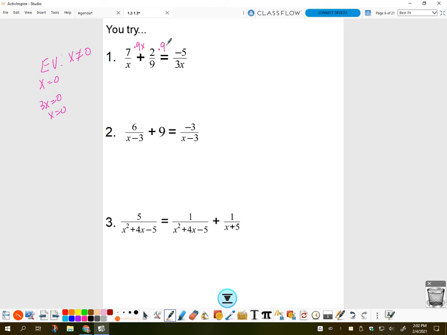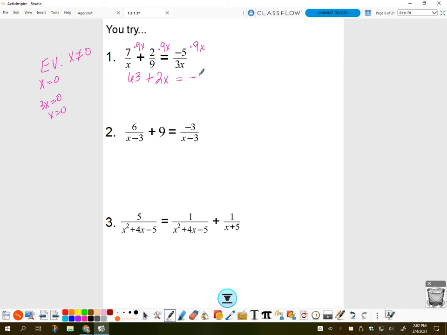Alright, so you had excluded values of 0 and a common denominator of 9x. So on that first term, the x's cancel. 7 times 9 is 63. Here the 9's cancel. You get 2x. Here 3x goes into 9x 3 times.